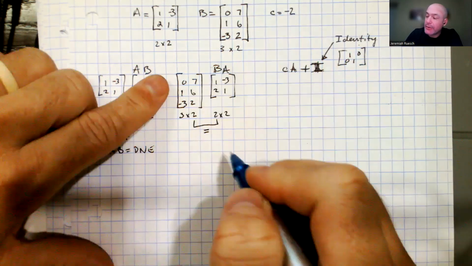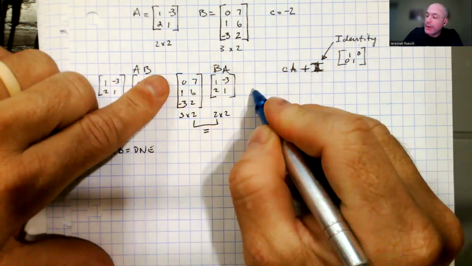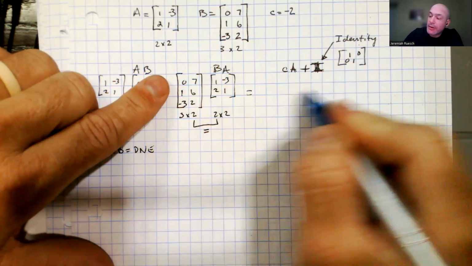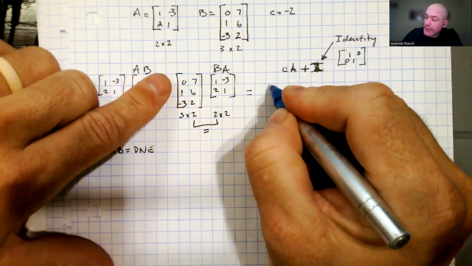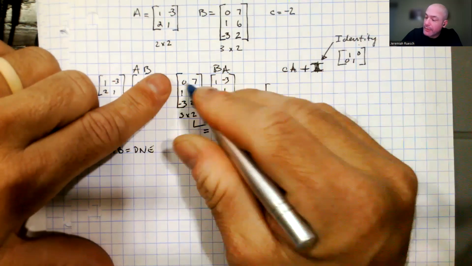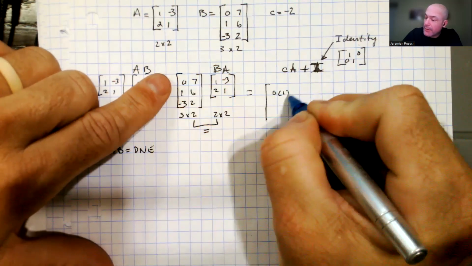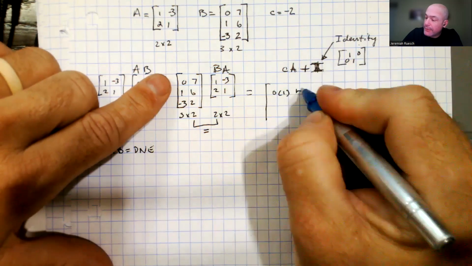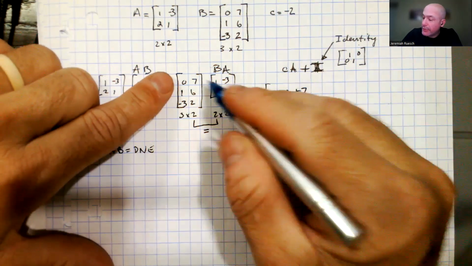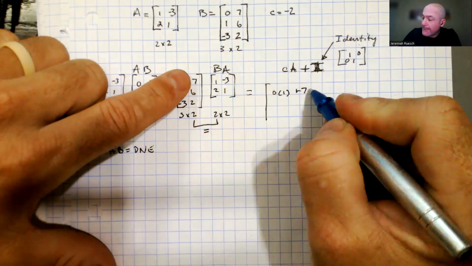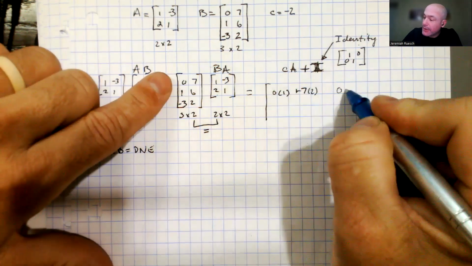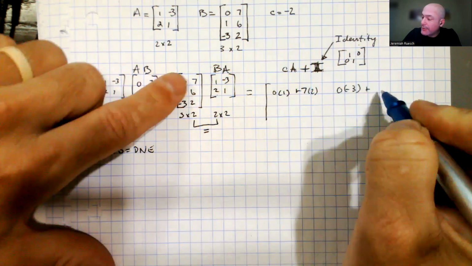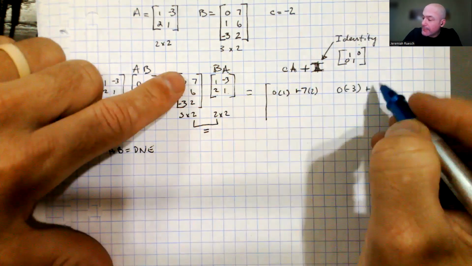I'm going to write each of them out individually. I'll write it out over here, and then I'll continue this one below it. So the first element is going to be 0 times 1 plus 7 times 2. And then the second element is going to be 0 times -3 plus 7 times 1.